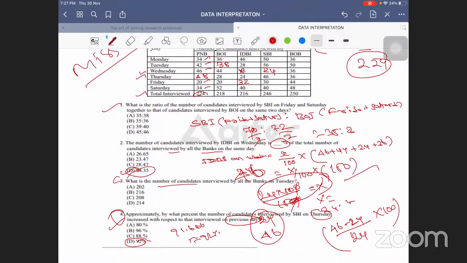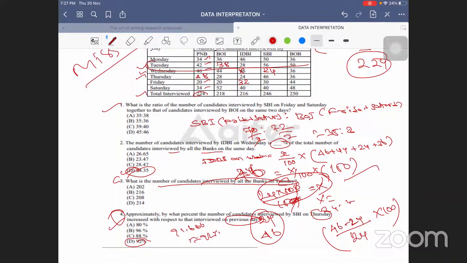Question number 3. What is the number of candidates interviewed by all the banks on Tuesday? They are asking for the number of candidates on Tuesday, so we add all the interviews on that day. 42 plus 38 plus 28 plus 56 plus 50.